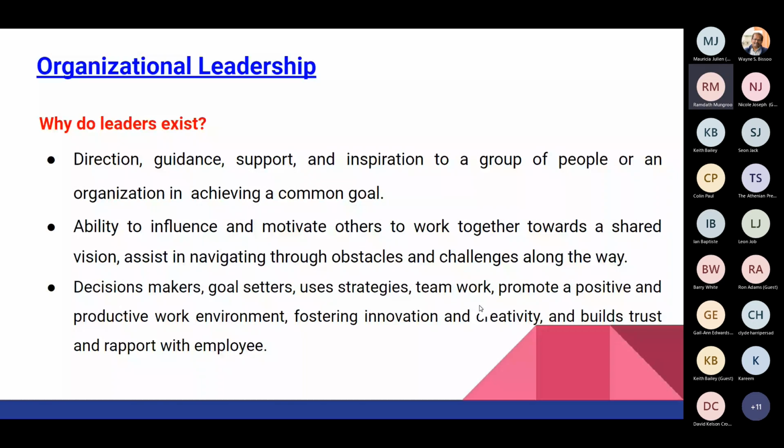These points are what give leaders their existence, or why they are there: direction, guidance, support, and inspiration. And all these things happen within a group of people. And they all, as I mentioned before, seek to achieve a common goal within the organization.